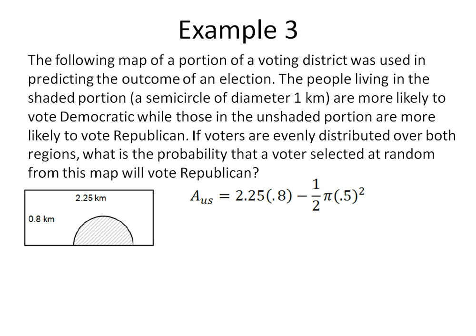So this distance from this edge of the arc to this edge of the arc is 1 kilometer. So half of 1 kilometer is 1/2 or 0.5. The other part here is simply the area of the rectangle, which is 0.8 times 2.25. When we calculate this in our calculator, it comes out to approximately 1.41. That's the unshaded area.